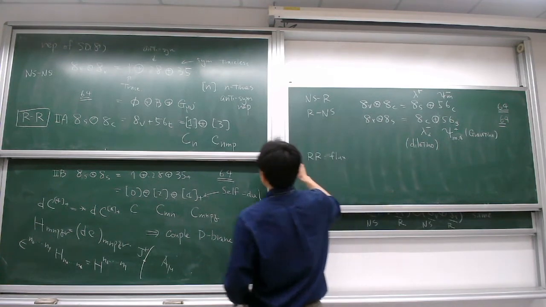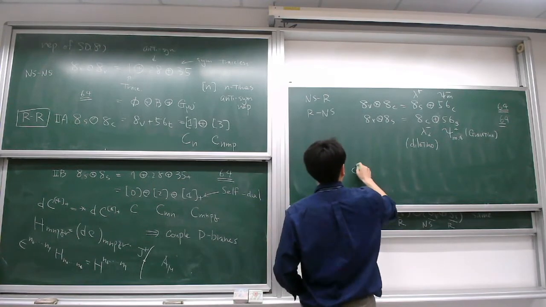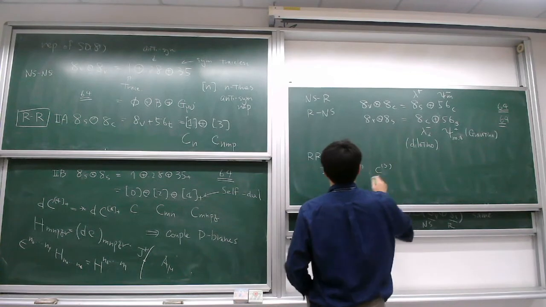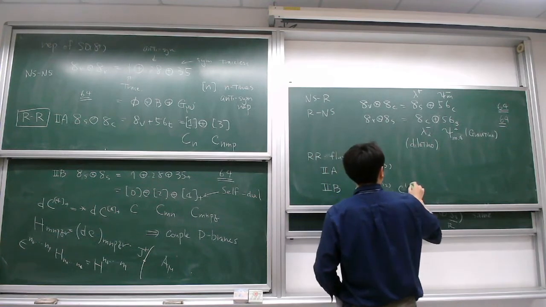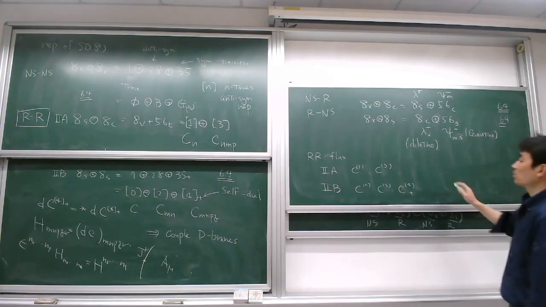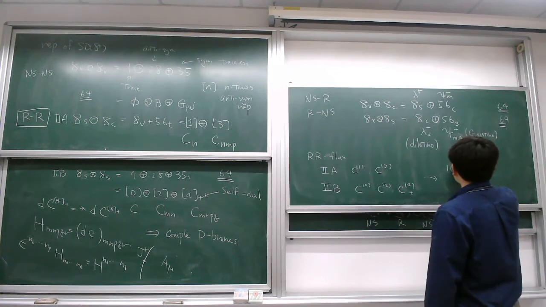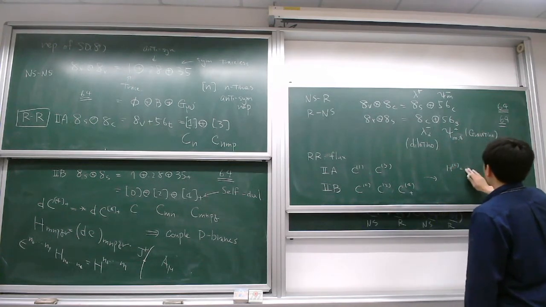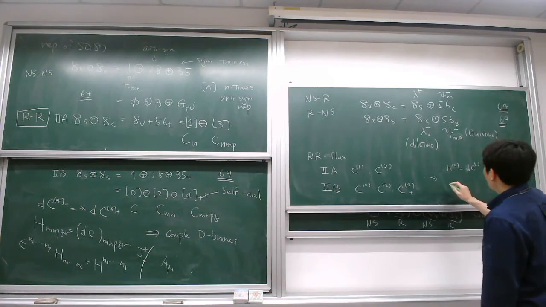Usually people just write down this: in type 2A, you have C1 and C3, and in type 2B, you have C0, C2, and C4 self-dual. And you can just consider Ramond flux means you just take the exterior derivative. You have the H2 form, which is from C1, and also you have H4, which is from C3, and so on.